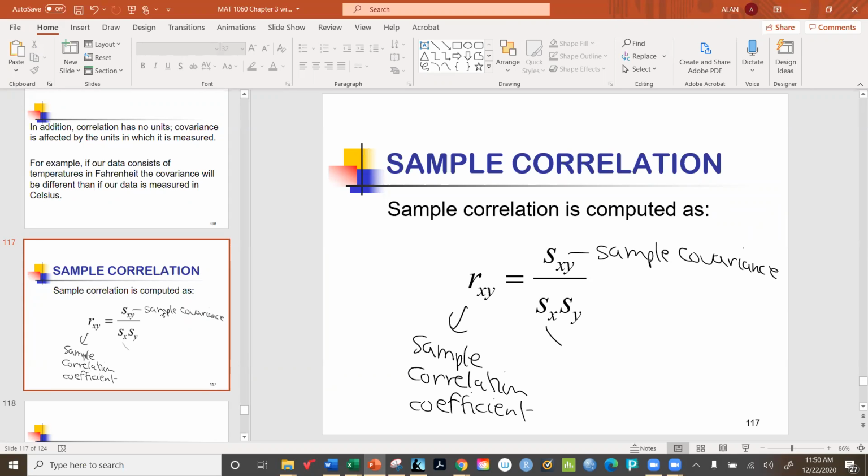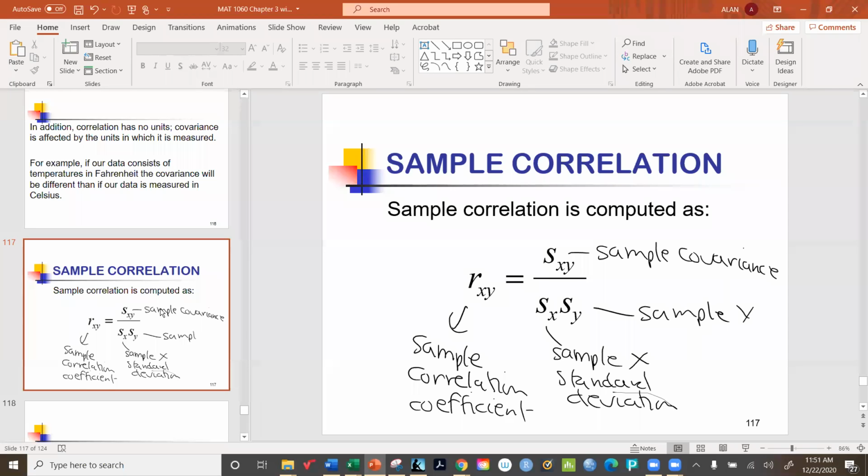And down here, these are the standard deviations of the two samples. This is the sample X standard deviation. This is the sample Y standard deviation. And you notice again, we need subscripts to keep them apart, which never was necessary before.